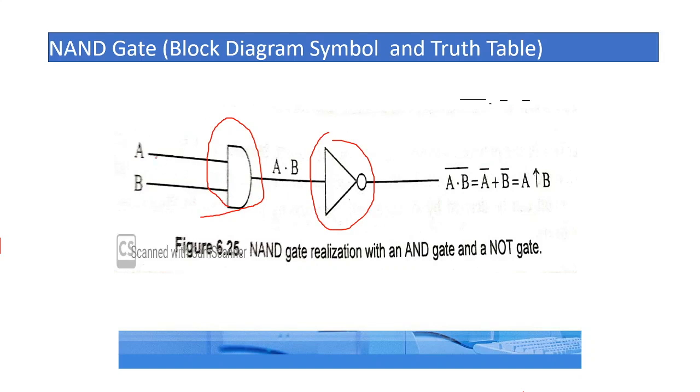When inputs A and B are applied to the AND gate, then the output is A dot B. This one is the output of AND gate. When this output is applied to the input of NOT gate, then it gives you the complement of A dot B, (A dot B) bar, and it is actually a NAND gate.